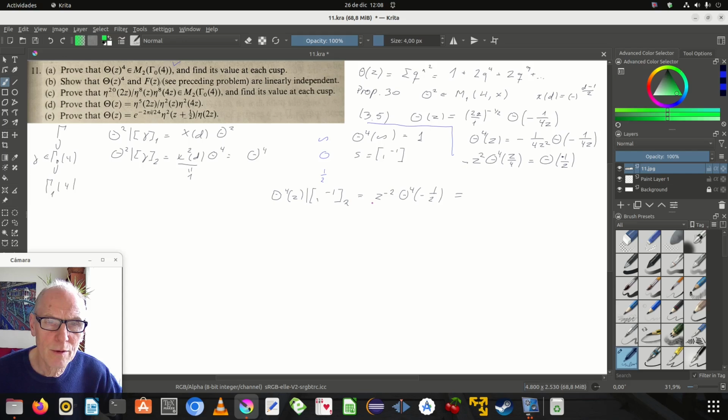Meaning that what we have here equals that from the other side and then that. So we are left with z to fourth of z fourth.